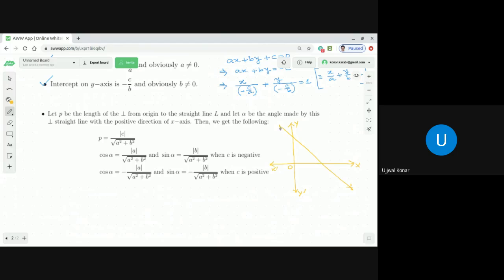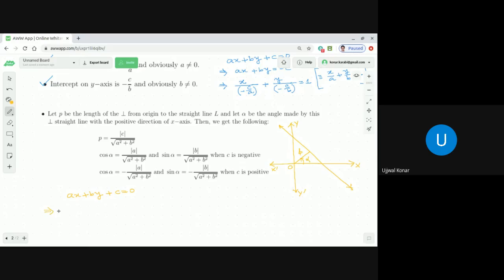Now p is the length of the perpendicular from O to the straight line. That means this is p. And alpha is the angle made by this perpendicular with the positive direction of x-axis. So from ax plus by plus c is equal to 0, how are we going to derive it?